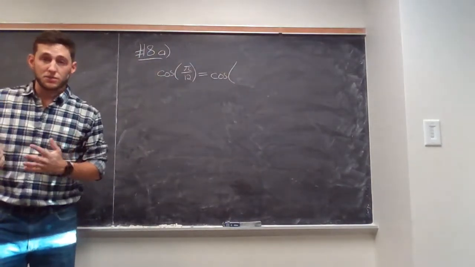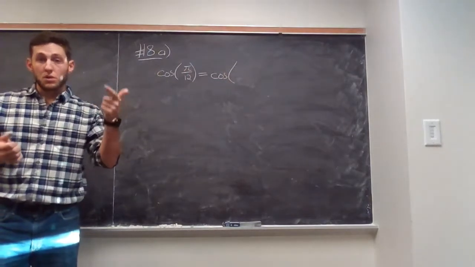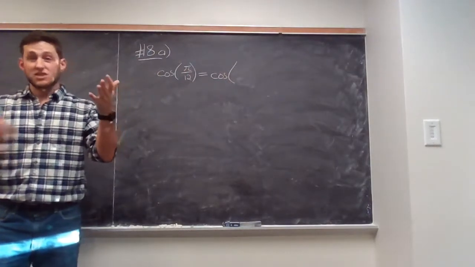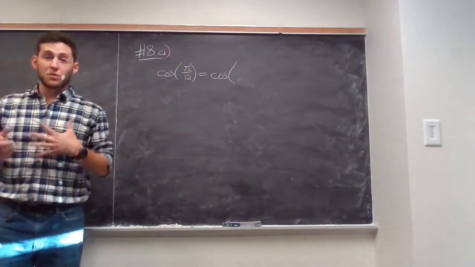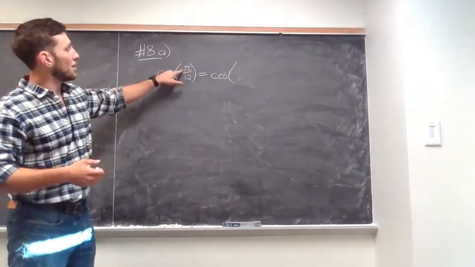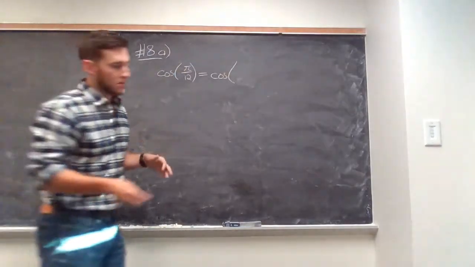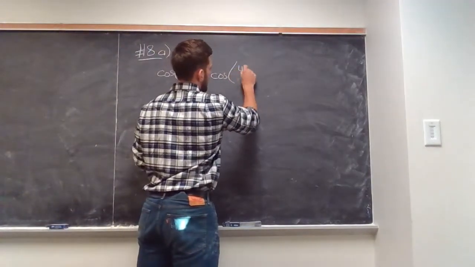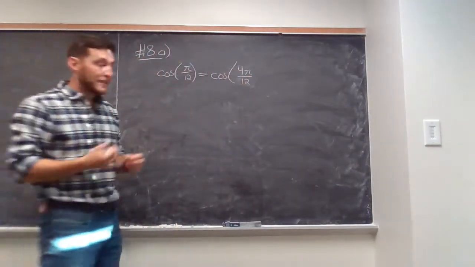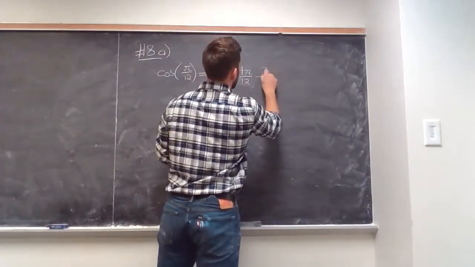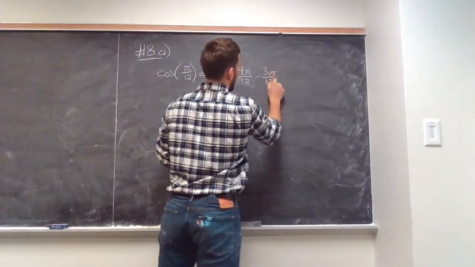Meaning, what are the factors of 12? Like 1, 2, 3, 4, 6, 12. Those are the ones I'm looking at. And I'm wondering which ones are within 1 of each other, because I need a 1 on top. Turns out the nice way to do this is to say pi over 12 can be written as 4 pi over 12 take away 3 pi over 12.